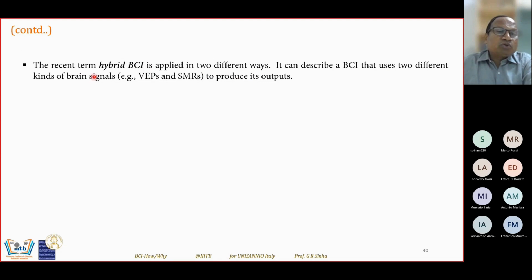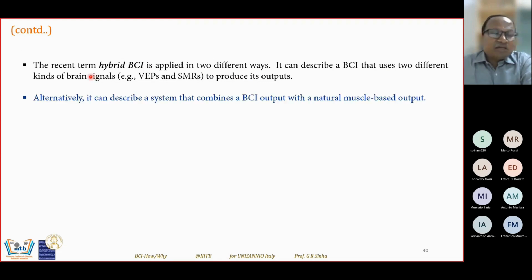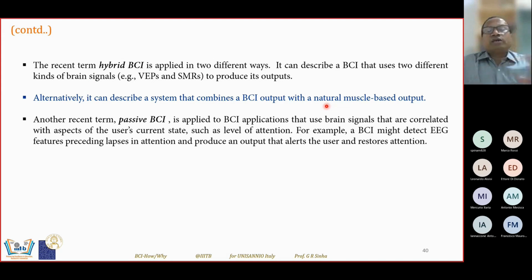So it can use both kinds of brain signals and brain rhythms. Alternatively, it can also describe a system that combines BCI output with natural muscle based output as well. So it can have natural output and then artificial, which is of two types.